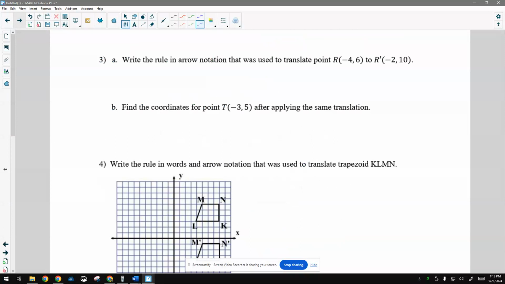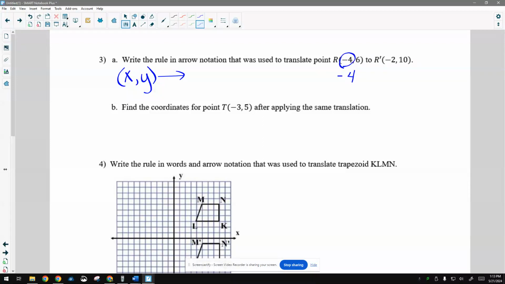Okay, this one's the same. Write the rule in arrow notation that was used to translate the R to R prime. Arrow notation always begins X comma Y arrow. Now this one's a little bit trickier. I have to figure out what's taking my negative 4.